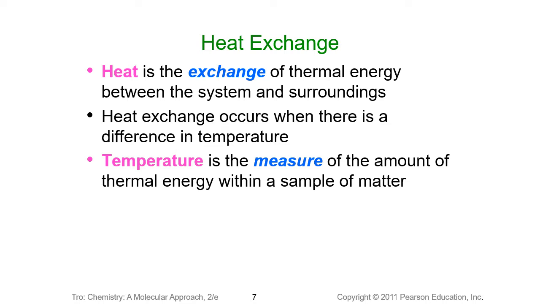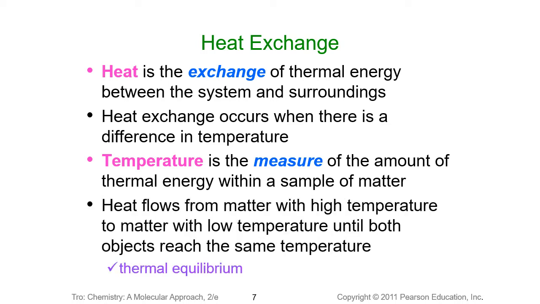The higher the temperature, the more motion our molecules are going to have. The lower the temperature, the less motion they're going to have. When we're exchanging energy, it goes from matter with high temperature, because those molecules are moving faster, colliding with the slower moving low temperature molecules and giving them a little bit of their energy.